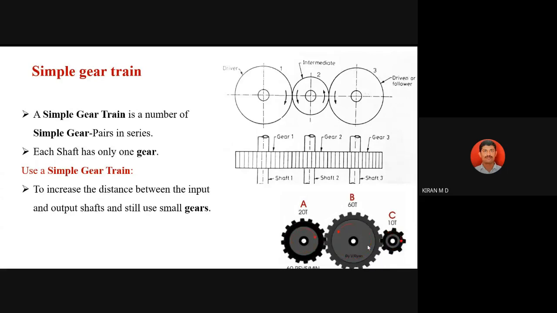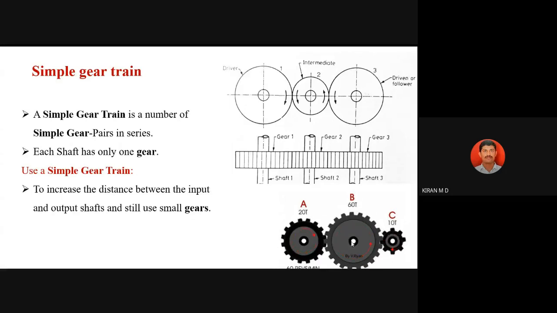It is very difficult to transmit the power from here to here without the intermediate gear. Even without it, we can transmit power in two ways: either by using a belt or chain drive, or by increasing the diameters of C and A.